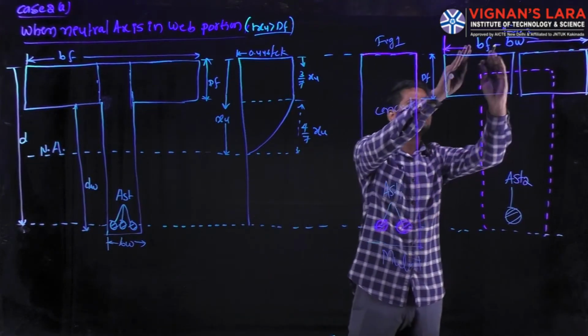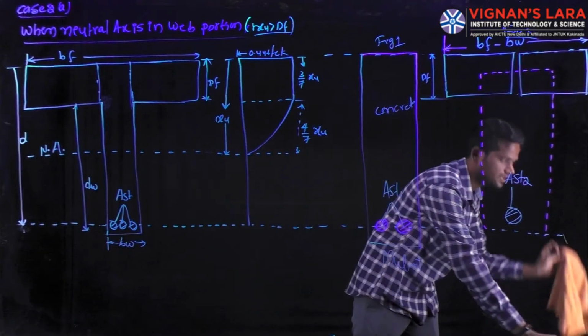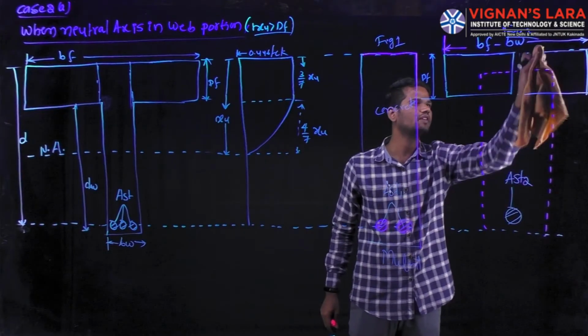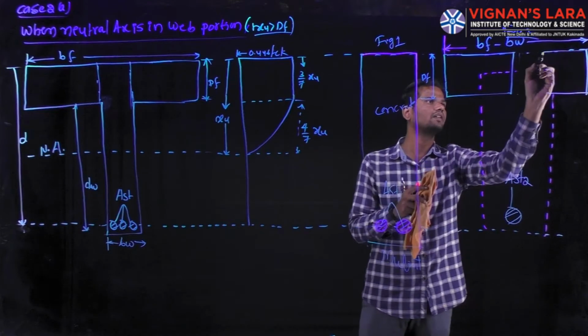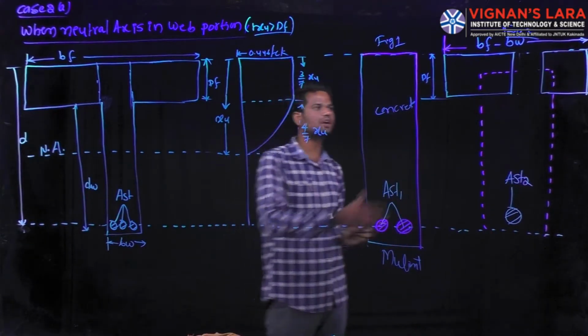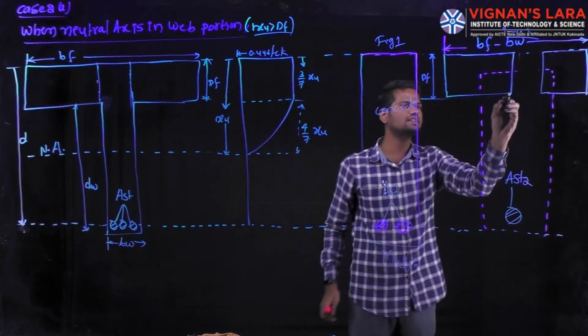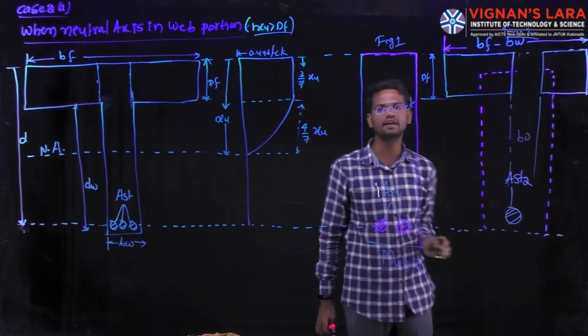If you see here, this is the total section of the beam. For this total section of the beam, we are having two flanges. This is one flange and this is the second flange, and the distance we are having here is the width of the web, bw.